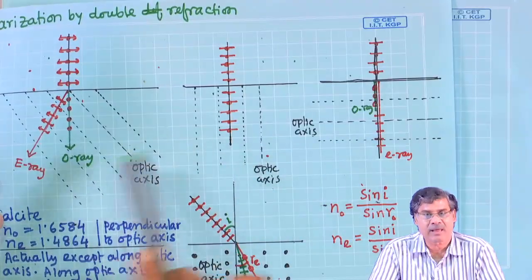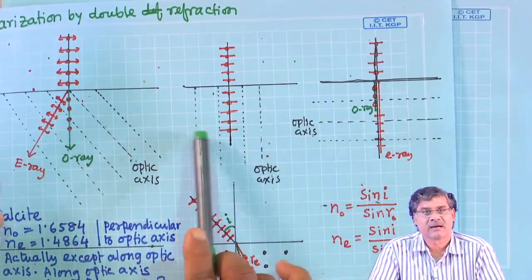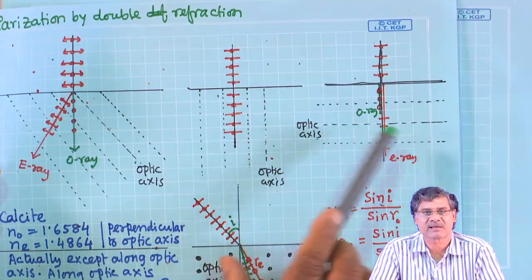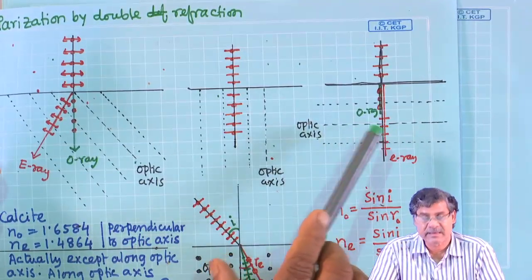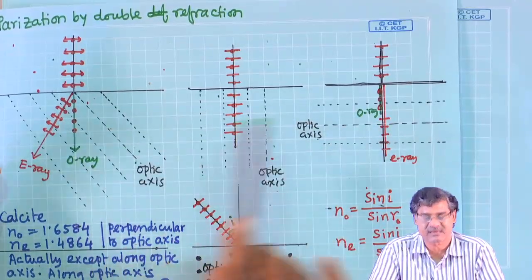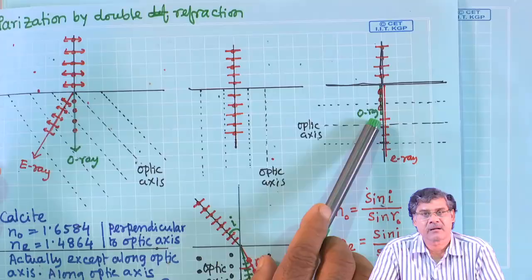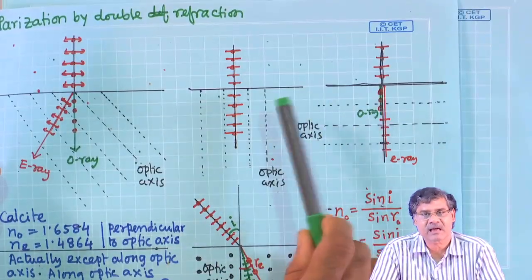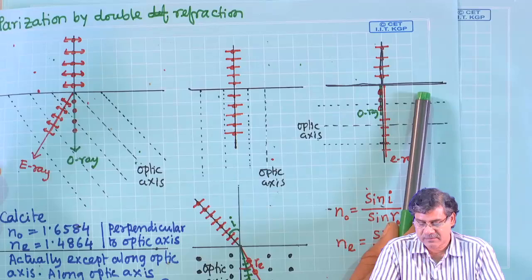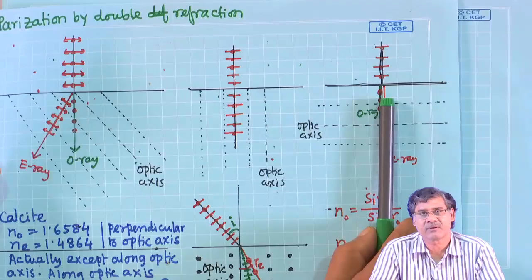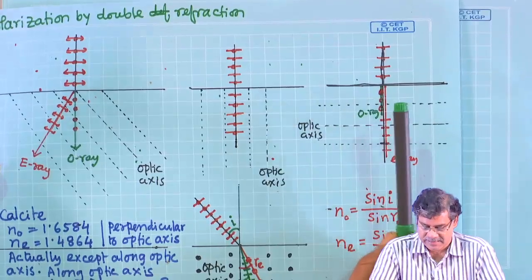So why I am discussing this concept is that it is very useful for application, and that is why I emphasized the direction of the optics axis with respect to the surface of the crystal, and also the direction of the incident light falling on the surface of the crystal, right.